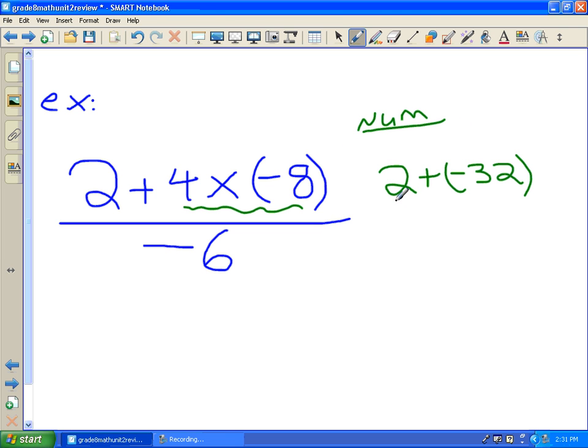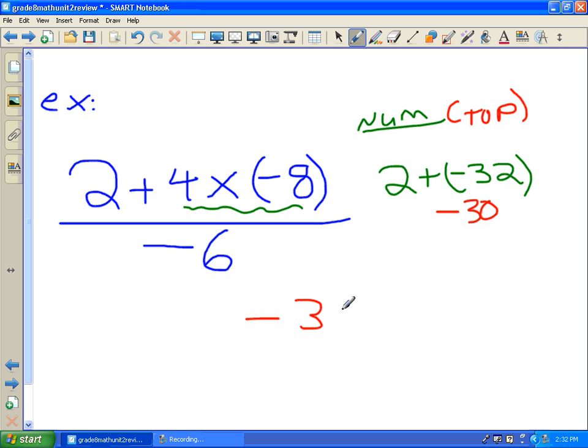Now the only thing we have left to do to the top of this fraction, or the numerator we call it, is to go 2 plus a negative 32, and our answer is negative 30 on the top. So all this becomes negative 30. So now let's rewrite our equation.